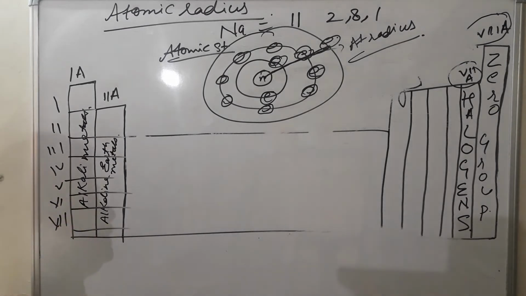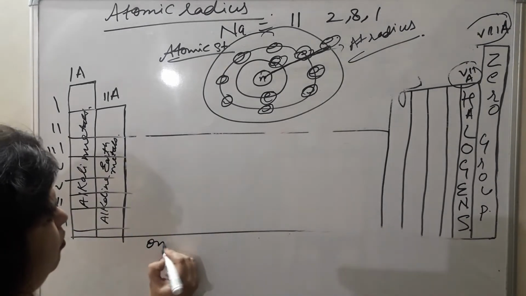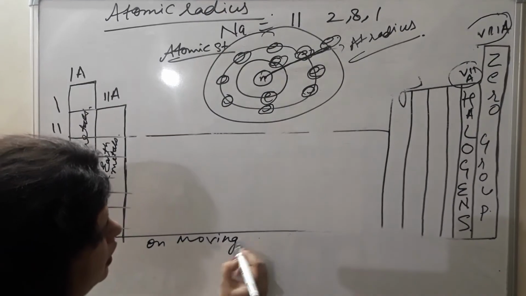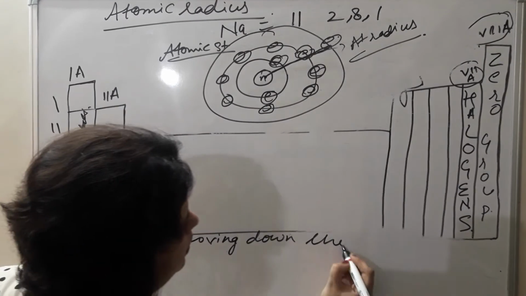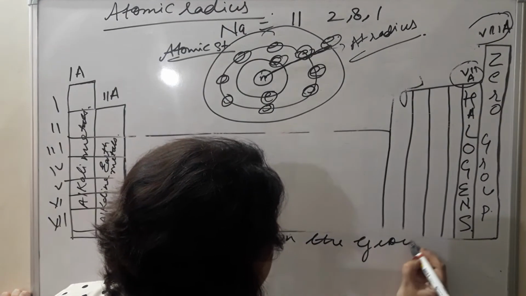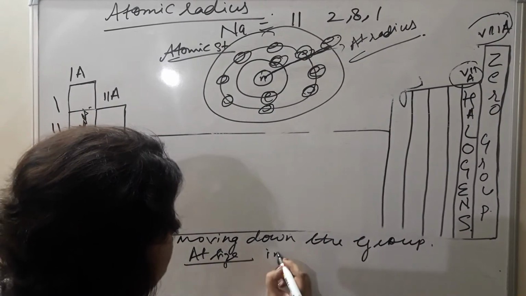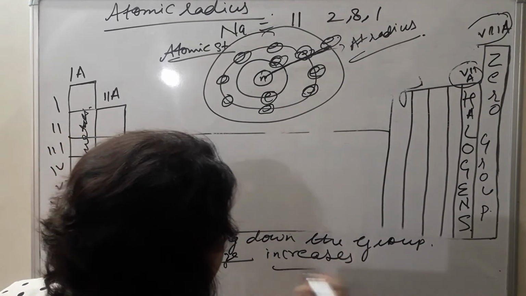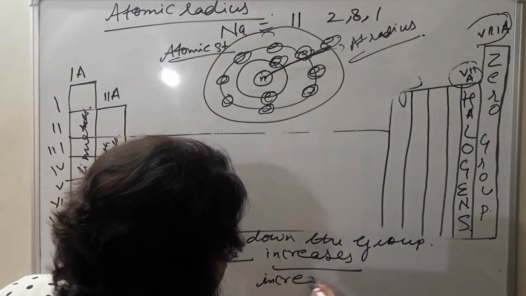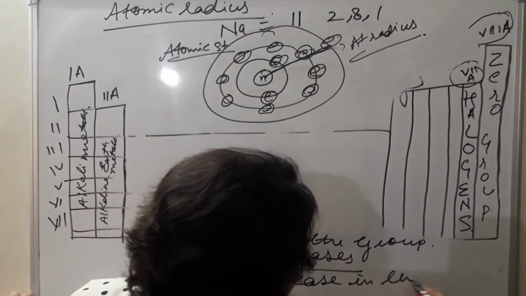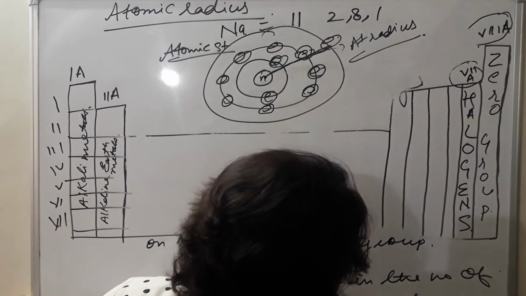Total 7 periods are there. So on moving down the group in the modern periodic table, atomic size or atomic radius increases. Why does it increase? Due to the increase in the number of shells.